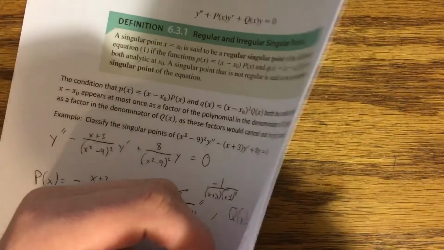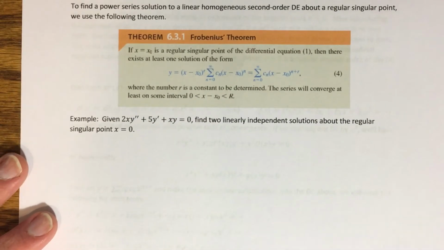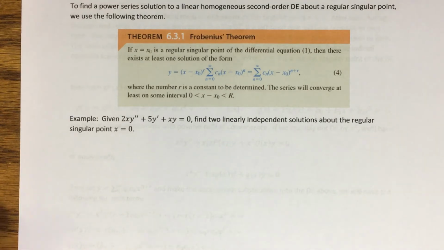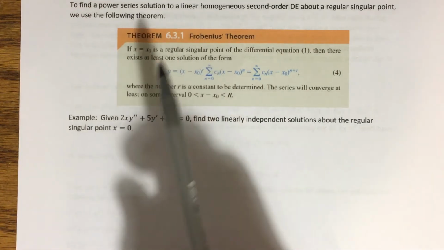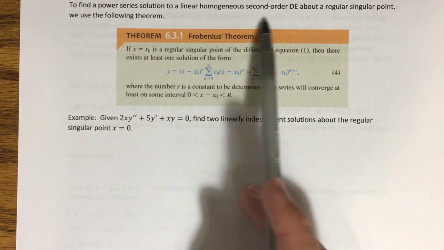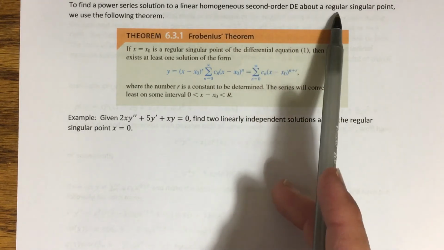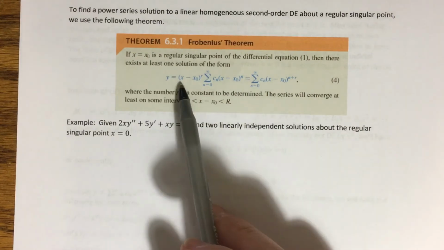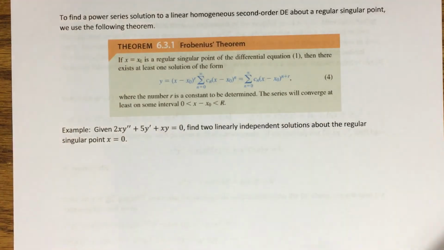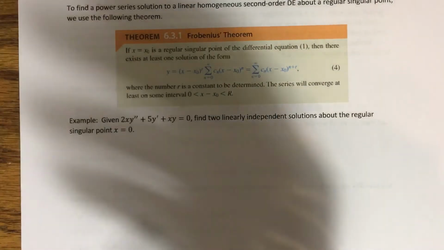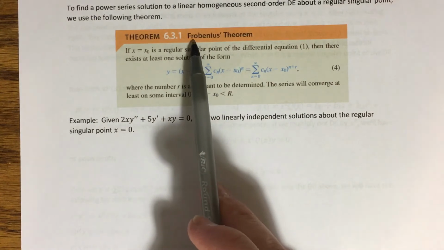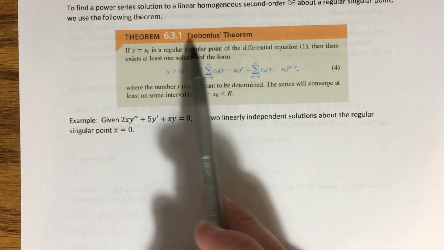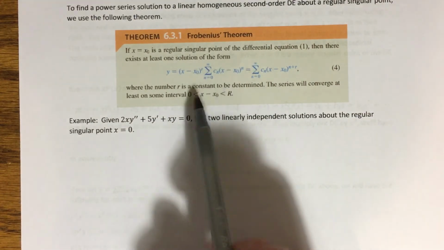Okay, so let's talk about what our method is going to look like, and then we'll start working on a solution. So in order to find a power series solution to a linear homogeneous second order DE about a regular singular point, which we just defined, we're going to use this theorem. We're not going to prove this theorem. It's beyond the scope of this class, but we will be using it. We call this Frobenius's theorem, or the Frobenius method is a term I'll use also.